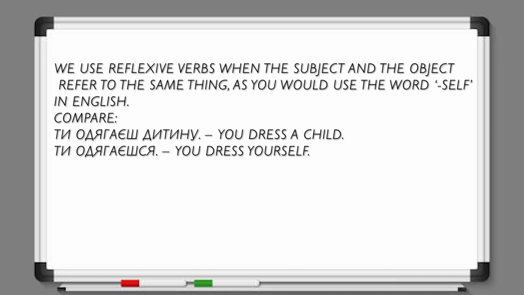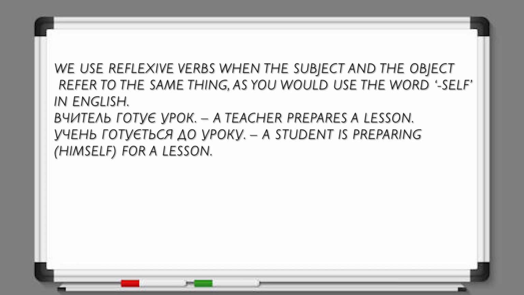Ти одягаєш дитину, you dress a child. Ти одягаєшся, you dress yourself. Вчитель готує урок, a teacher prepares a lesson. Учень готується до уроку, a student is preparing himself for a lesson. Okay, is it clear?